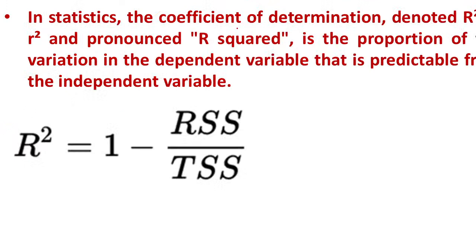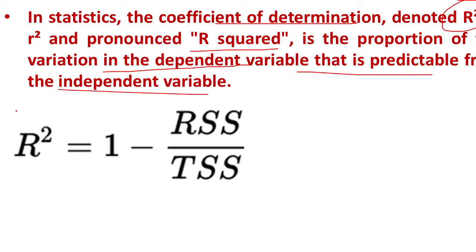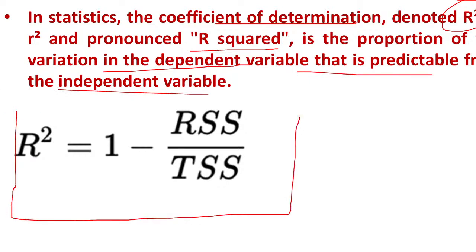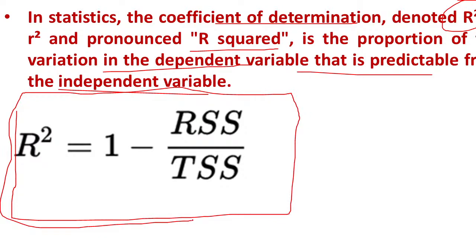In statistics, the coefficient of determination is denoted by R square, pronounced R squared. It is the proportion of the variation in the dependent variable that is predictable from the independent variable. So the formula is R square equals 1 minus RSS divided by TSS.